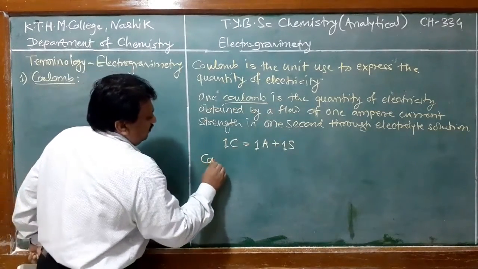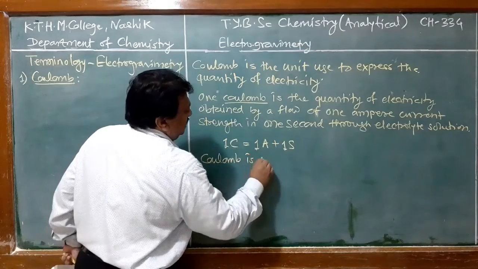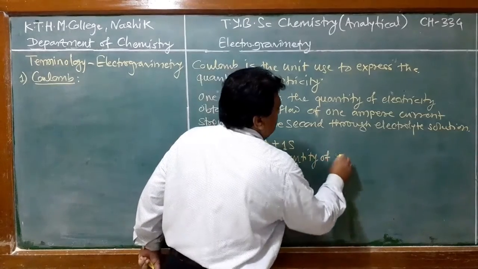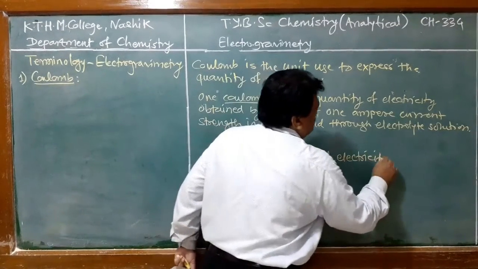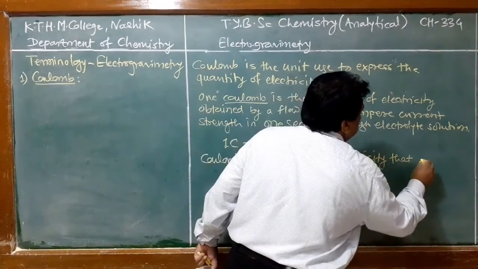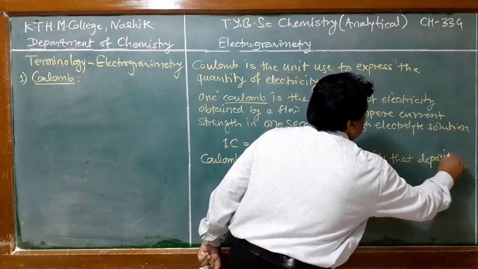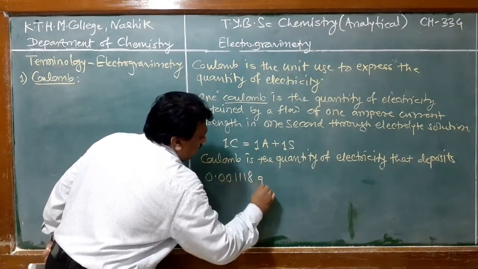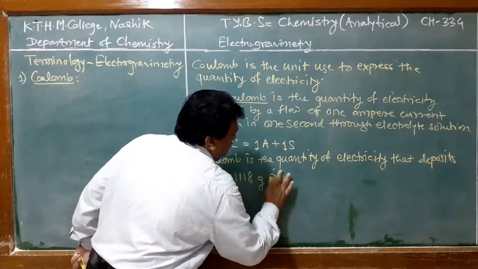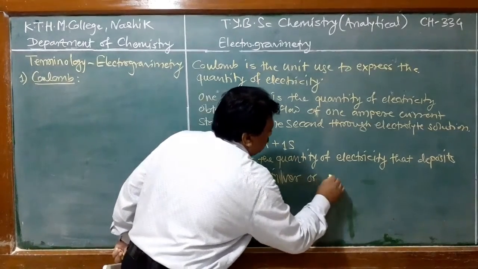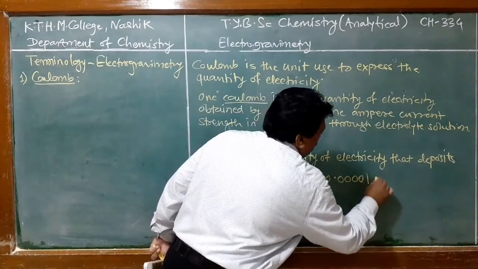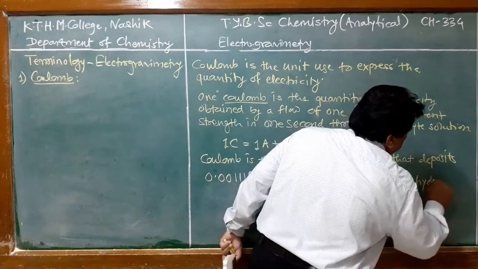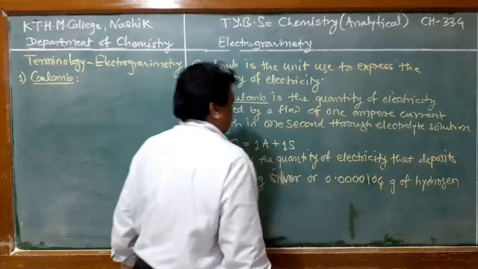We also define coulomb as the quantity of electricity that deposits 0.00118 gram of silver or 0.0000104 gram of hydrogen in 1 second.